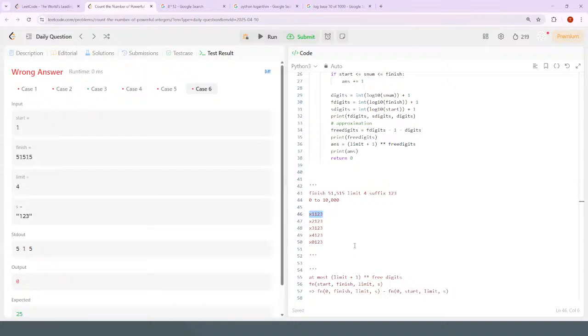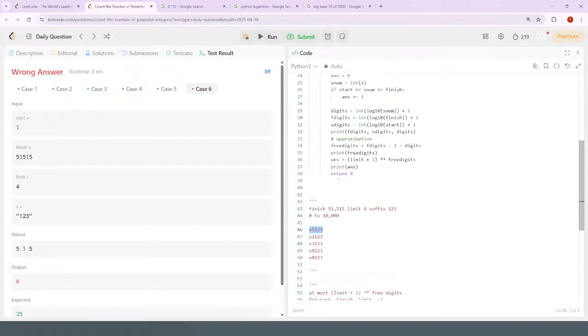Huh. Gosh dang. Can we use binary search? Is binary search an actual thing for this? 5, 1, 1, 2, 3.